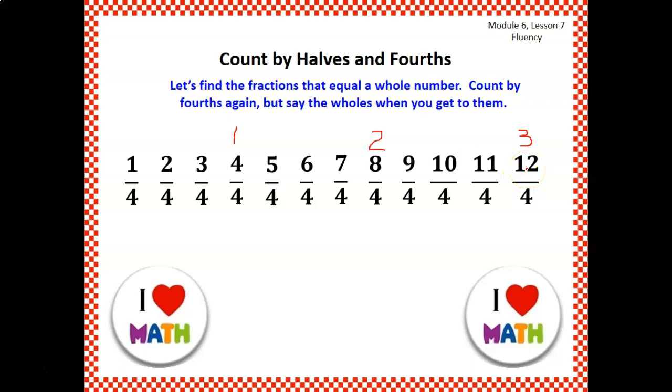So I see a pattern that shows some multiplication, or I could say it shows division, because 12 divided by 3 equals 4. And 8 divided by 2 equals 4. And 4 divided by 1 equals 4. So anytime you see multiplication, you see division. And anytime you see division, you see multiplication.